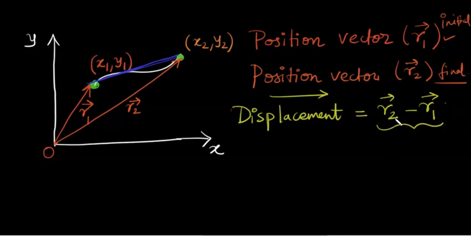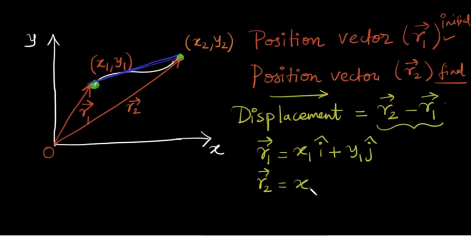Now if I write this in component form, r1 bar can be written as x1 i cap plus y1 j cap, and r2 bar can be written as x2 i cap plus y2 j cap.